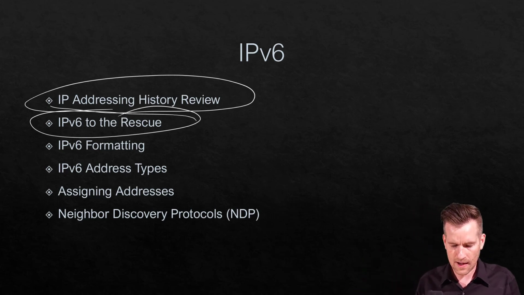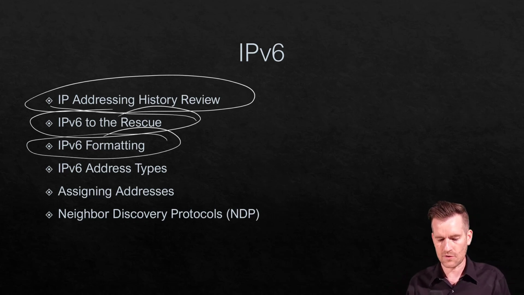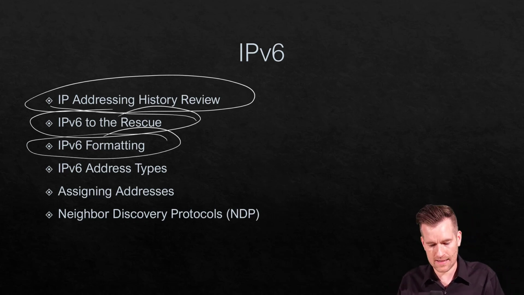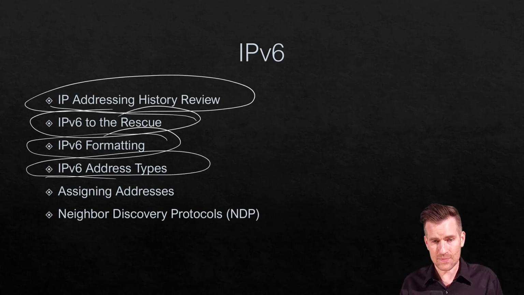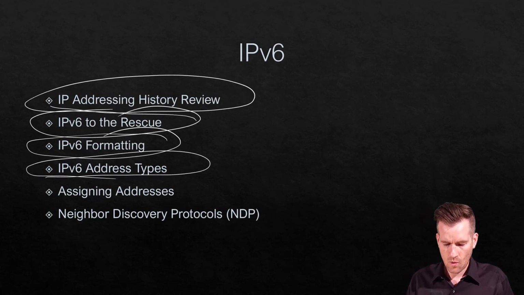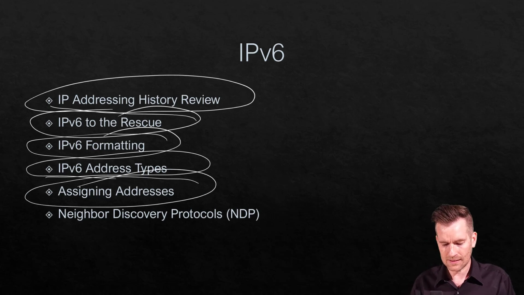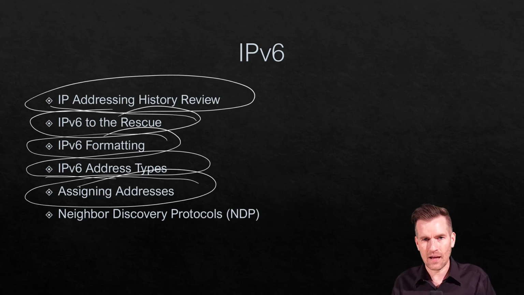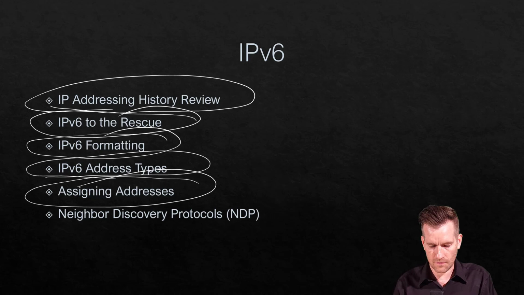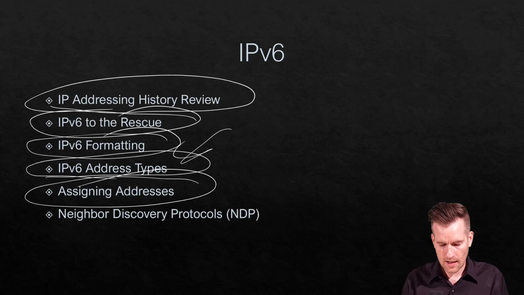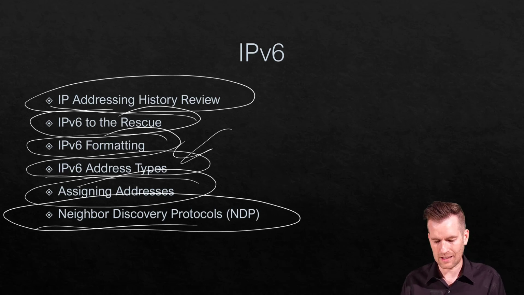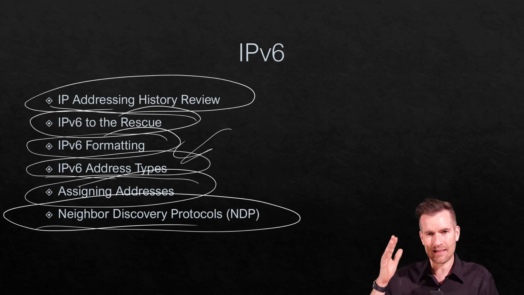We also talked about some formatting with IP version 6 and how the IP version 6 address is formatted. We talked about some different address types with IP version 6. We talked about address assignments and how assignments happened with those different address types. And then we wrapped it up talking about neighbor discovery protocol. Each one of these concepts in the future videos we'll get more in depth into.